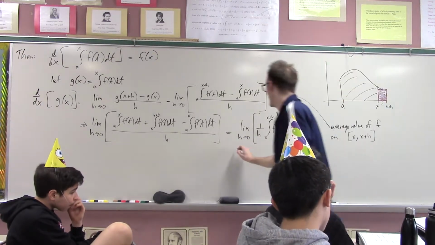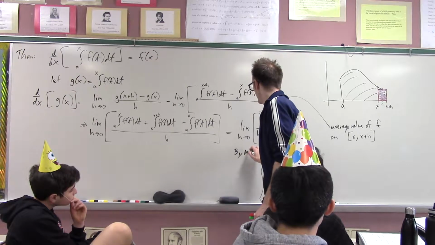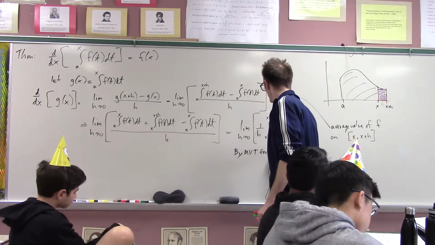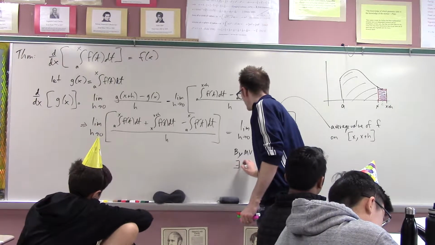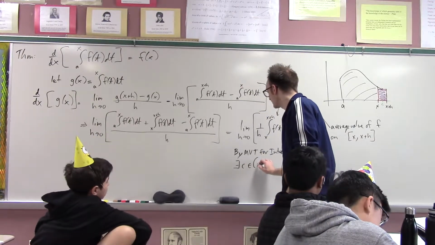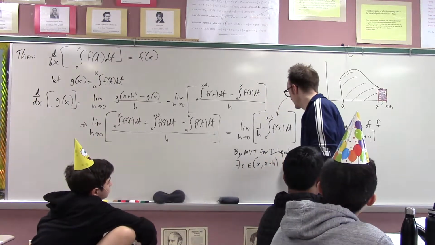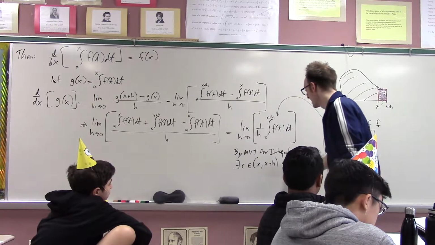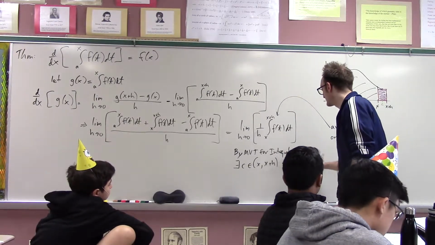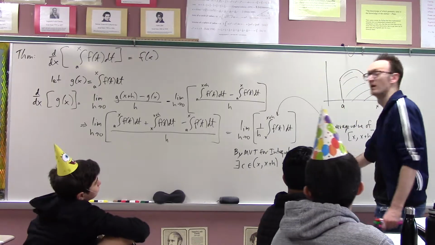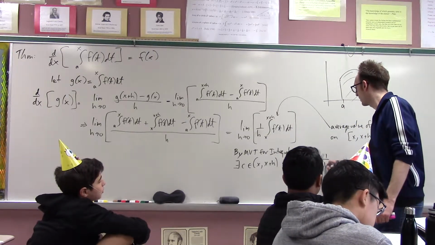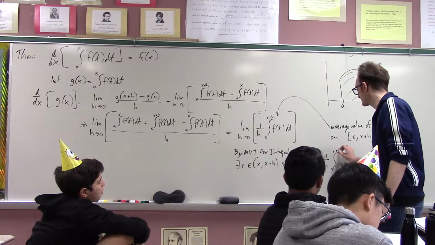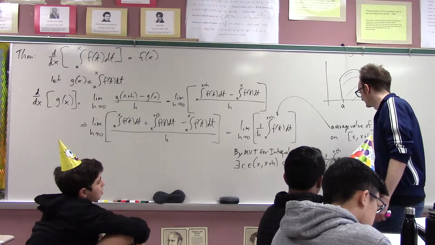So, by the mean value theorem for integrals, there exists a point c on the interval such that f of c is the average value. And the average value is 1 over h times the integral from x to x plus h of f of t dt.